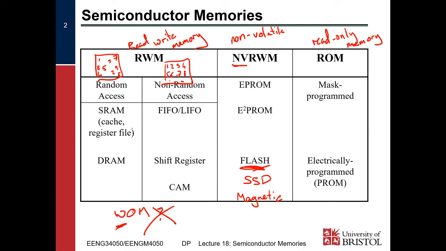So for the random access, that's our general RAM, random access memory. So this is random. This one is access. So you've got your static random access memory and you've got your dynamic random access memory.